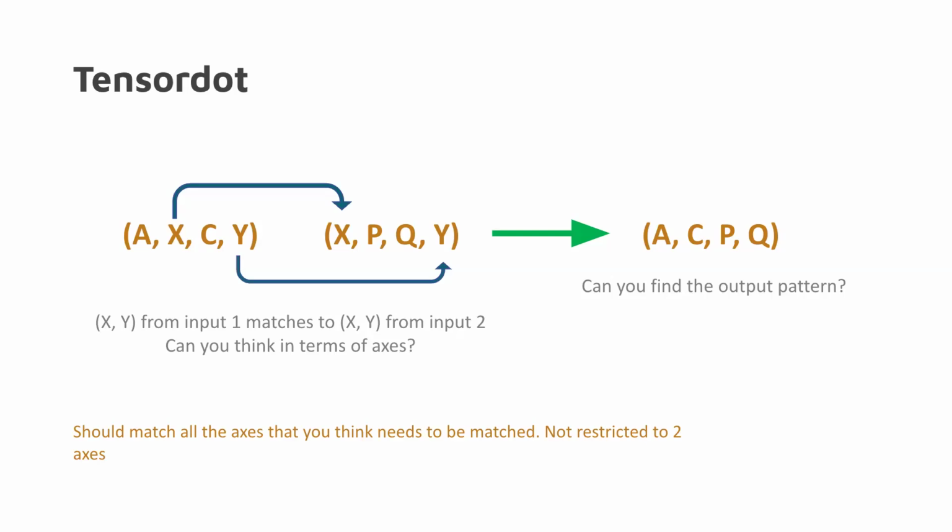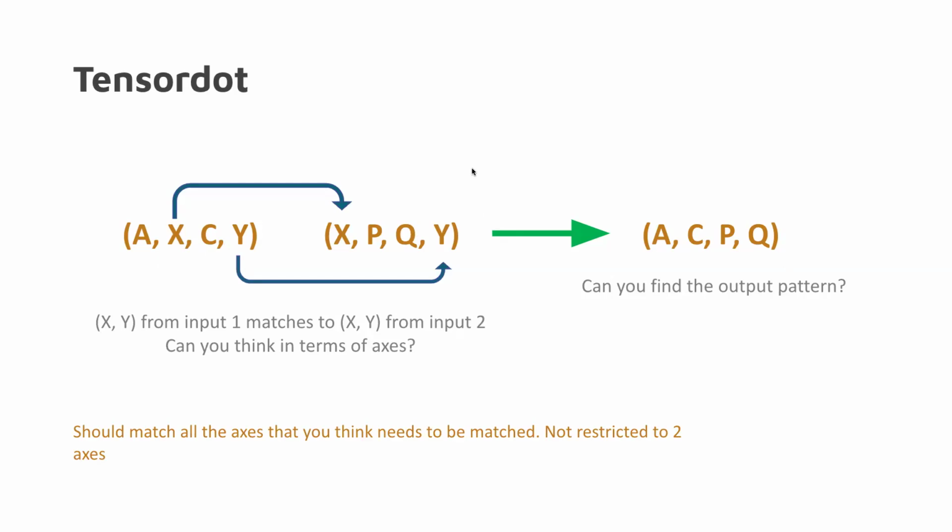We need to look at the dimensions where the shape is similar. Here we can see x is matching and even y is matching. Another thing to note is that when matching these shapes, they don't need to be in the same dimension position. It can be anywhere.